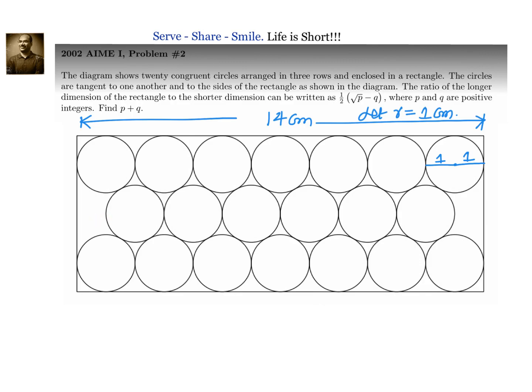From this center, this distance on both sides is equal to 2, or this distance equals 1. Again this distance equals 1. Here also this is 1 and this distance is also equal to 1.